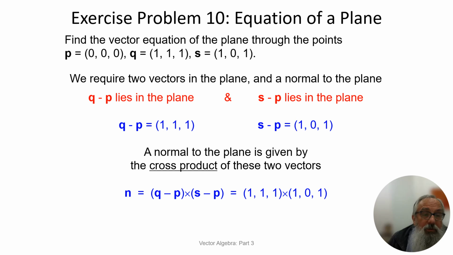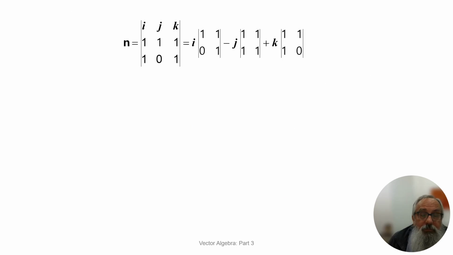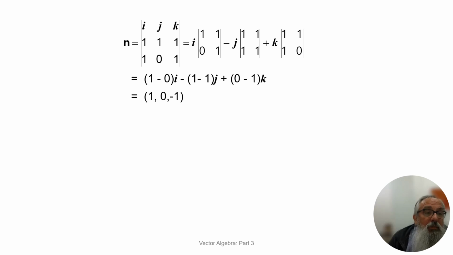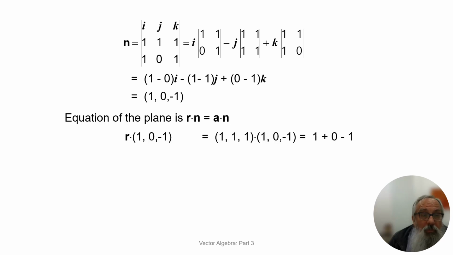We do the cross product. Here's the cross product expanded as a determinant further, and the normal is 1, 0, minus 1. So simply we write down R dotted with this normal is equal to a point in the plane dotted with this normal, scalar product with this normal, which in this case comes out to be 0.